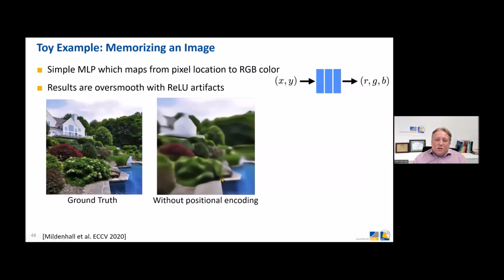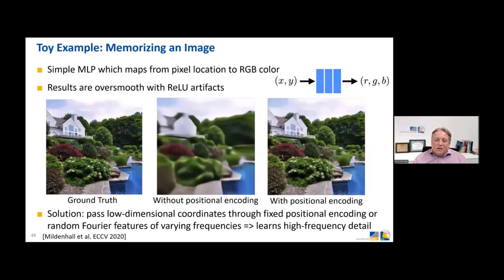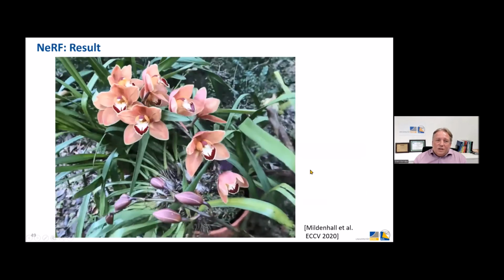And without positional encoding, you see that there is not much image detail modeled, but this positional encoding takes the coordinates here and maps them to a Fourier space. So we have sines and cosines of these positions with different frequencies, so that the network has an easier job of learning these high resolution details.